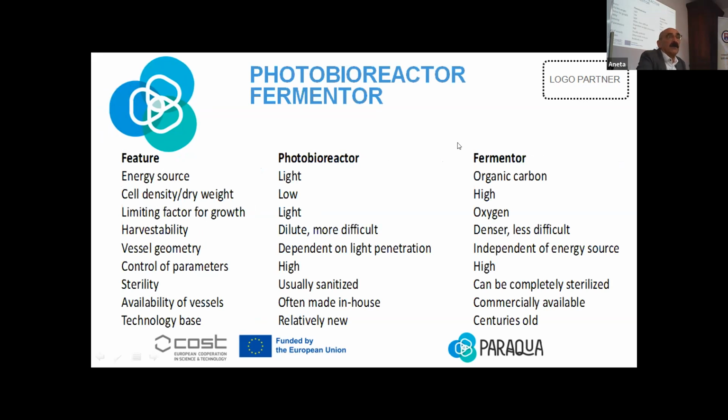So here I won't read that. You have a photobioreactor and a fermenter. The big difference is energy source. You use light in the photobioreactor and organic carbon in the fermenter.